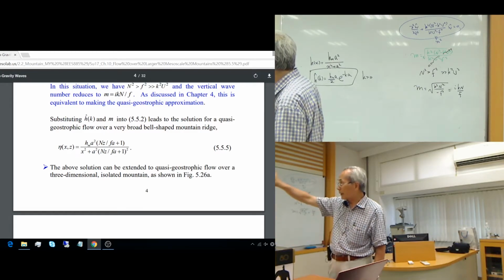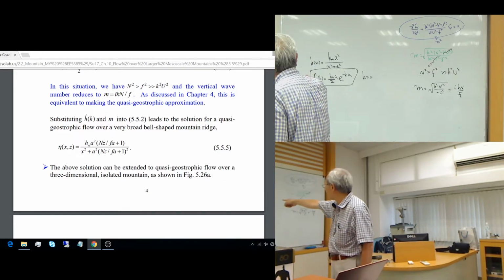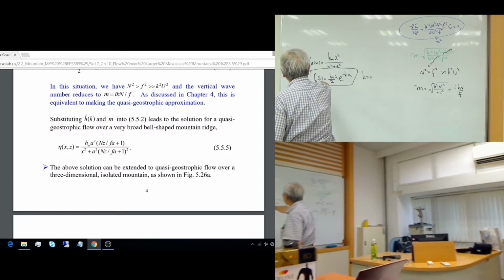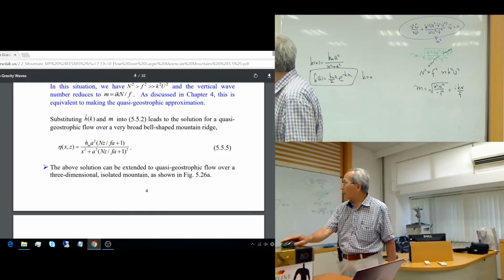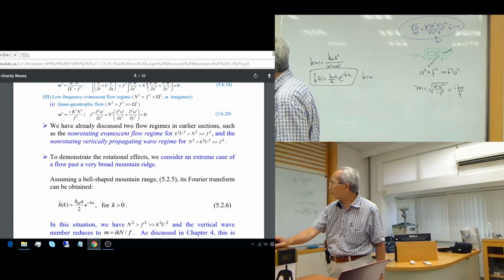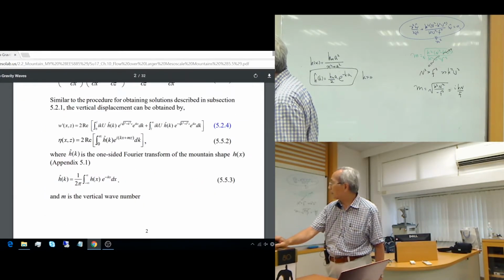So if we have this case, then we can substitute h hat into 5.5.2. So what's 5.5.2? That's this one. This is a solution.